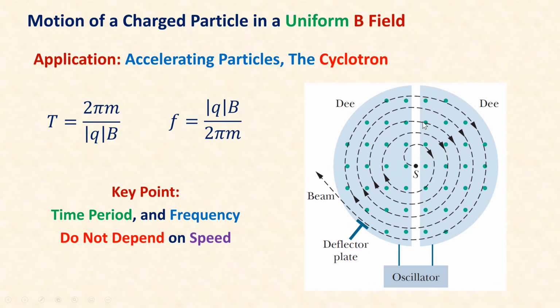The key point is that the time that it takes from here to here is the same for all these circles. Therefore, if you keep changing the direction of the voltage, it keeps accelerating until it gets to this point. All right. So this is a cyclotron.